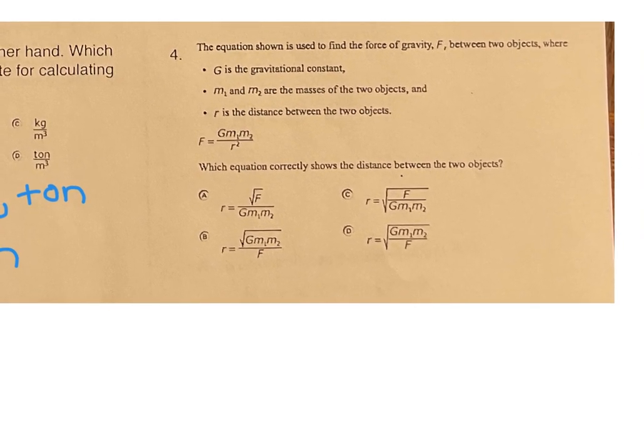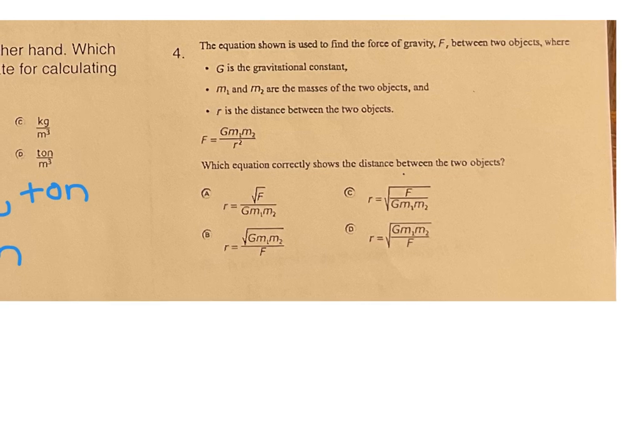As we take a look at question 4, we're working with a literal equation, and we're trying to isolate R. So the first thing that we would do is undo the grouping symbol, which is the division bar in this case. So we begin by multiplying both sides by R squared.